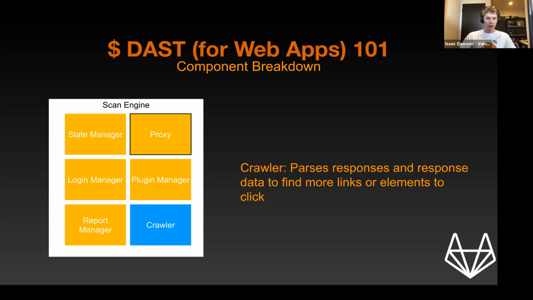Newer ones use, for example, ZAP's Ajax crawler or CrawlJax or Jax crawl, I forget what it's called. It will use more of the browser instrumentation. I think it uses Selenium, but usually the crawler is not only parsing the HTTP responses, it's actually looking at the DOM itself and pulling out events that have been bound to attributes.